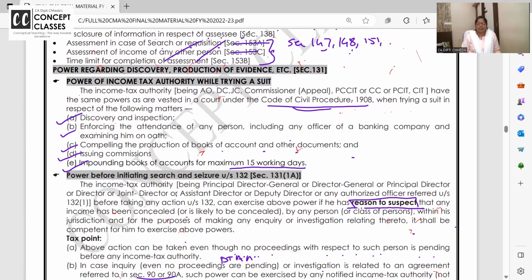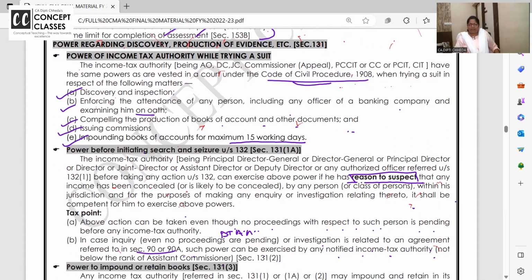They can ask a person to come and meet them in the ward, attendance of a person, and speak only the truth. Examine him on oath, compel him to bring books of accounts and documents, issue commissions, that is nothing but summons. And in routine, the books can be taken over by the department for a maximum of how many days? 15 working days. In case of search, survey, that power is not there.